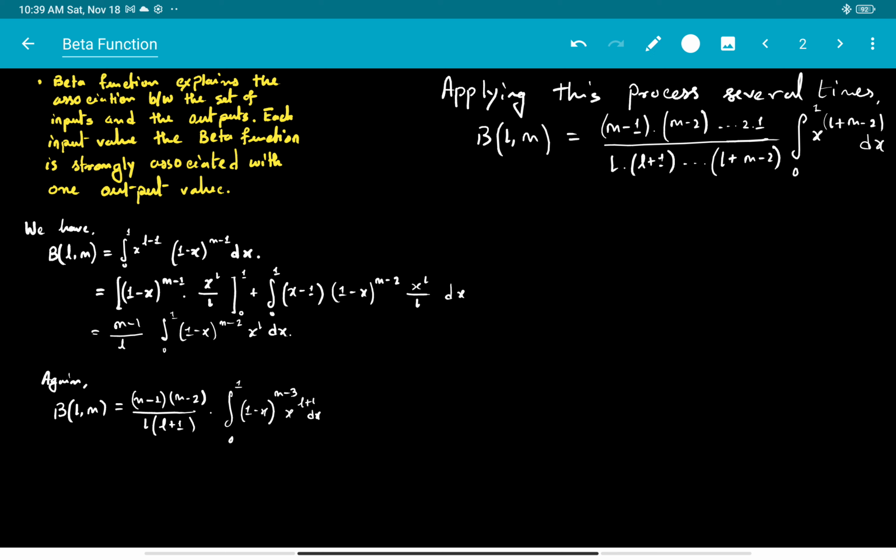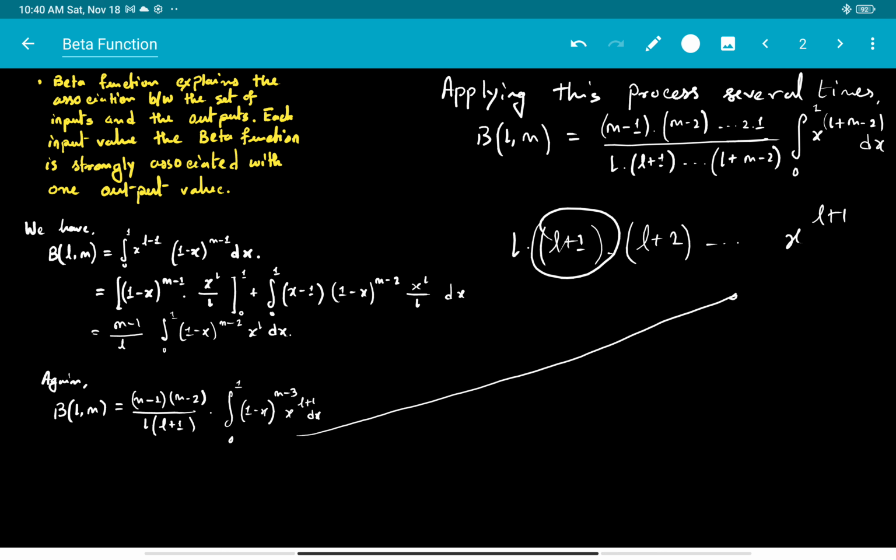I have done this for 2 times. If you do this 3, 4, 5 times, in the denominator you have L times (L plus 1) times (L plus 2), and whenever the denominator term comes again, the x will be x to the power L plus 1, as you are seeing here.